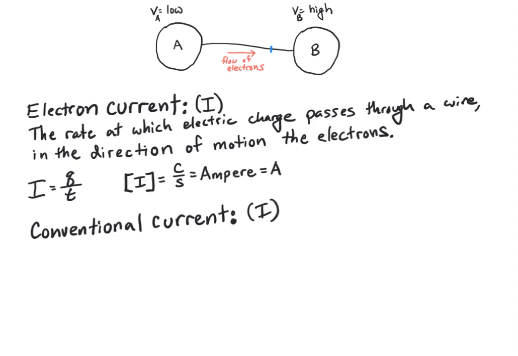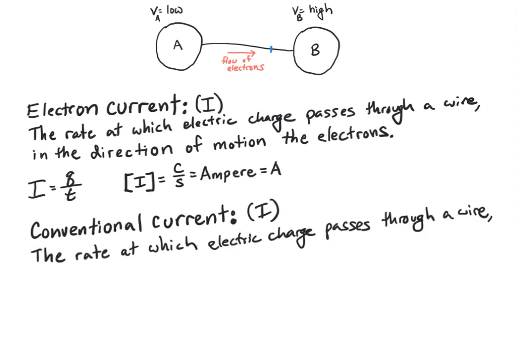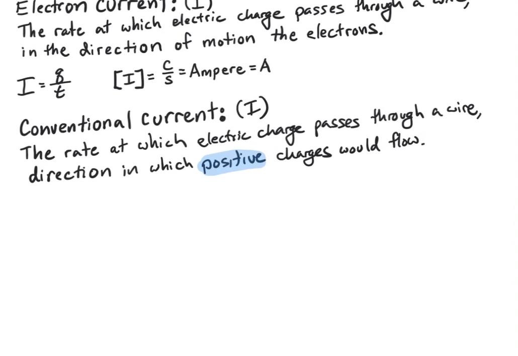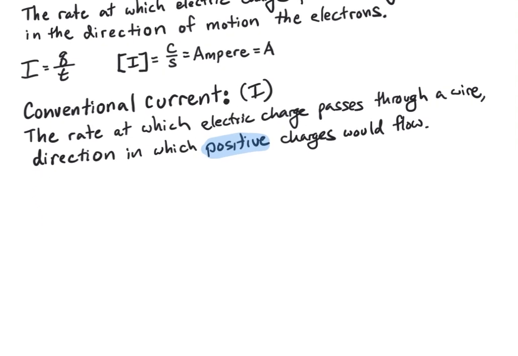The difference is that the conventional current represents the direction in which positive charges would be flowing through our wire. In other words, the conventional current points in the opposite direction as the electron current, but it actually has the same value. To understand why it's just a sign reversal, a direction reversal, let's look at this little example.